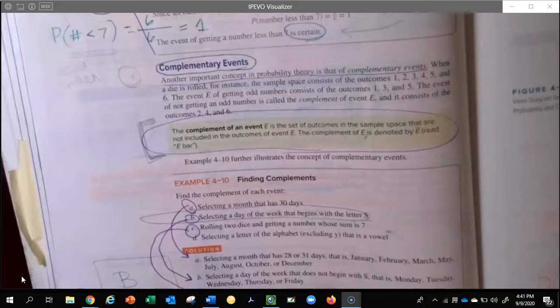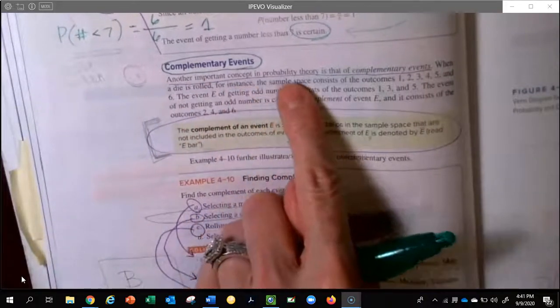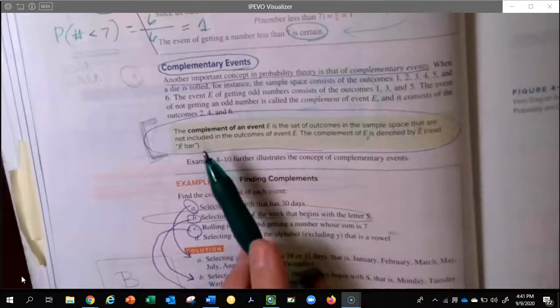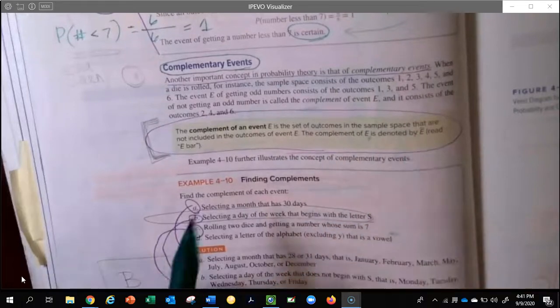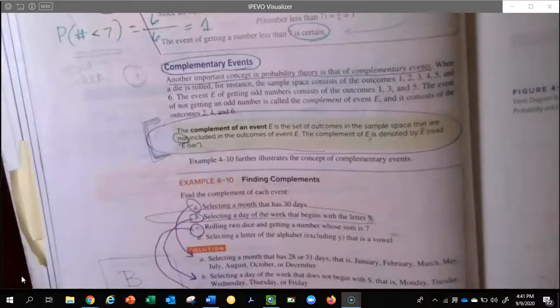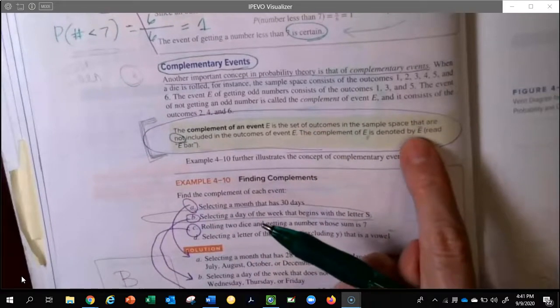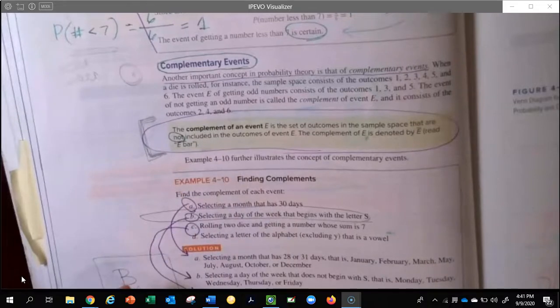So note that, and it says here, another important concept in probability theory is that of the complementary event. The complement is the set of outcomes in the sample space that are not included in the outcomes of the event, and it's noted as E bar.